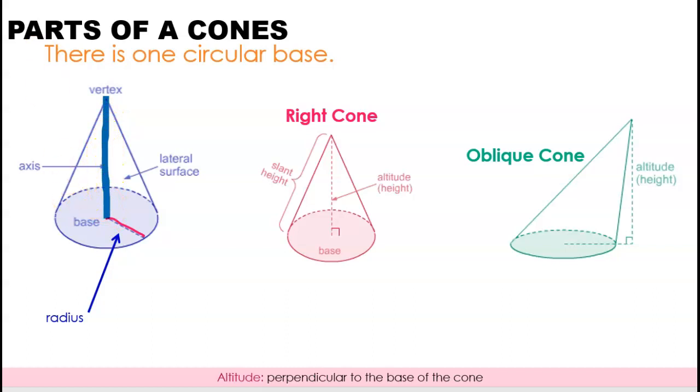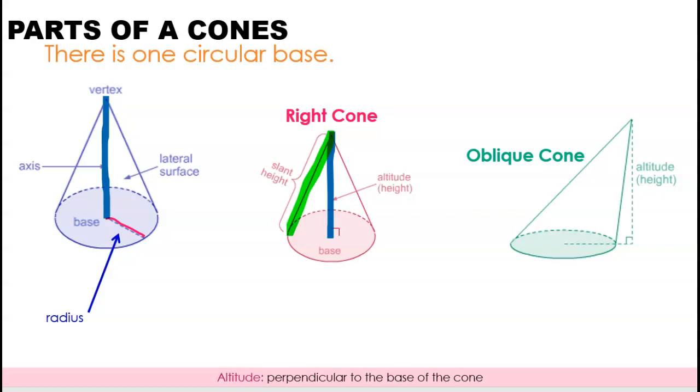Now, if we look at this second or the middle cone, the radius, we don't even need to review that, but I do want to show the difference between the height, which goes from the vertex to the center of the circle at the bottom, and the slant height. The slant height, just like we have with the pyramid, is on the outside of your cone.